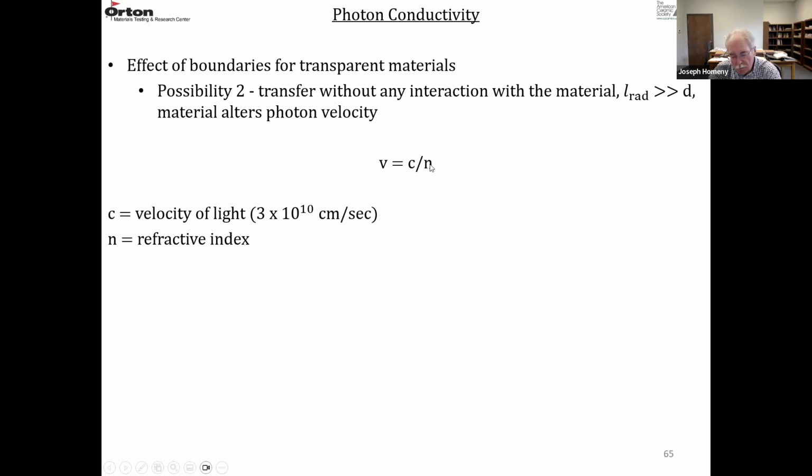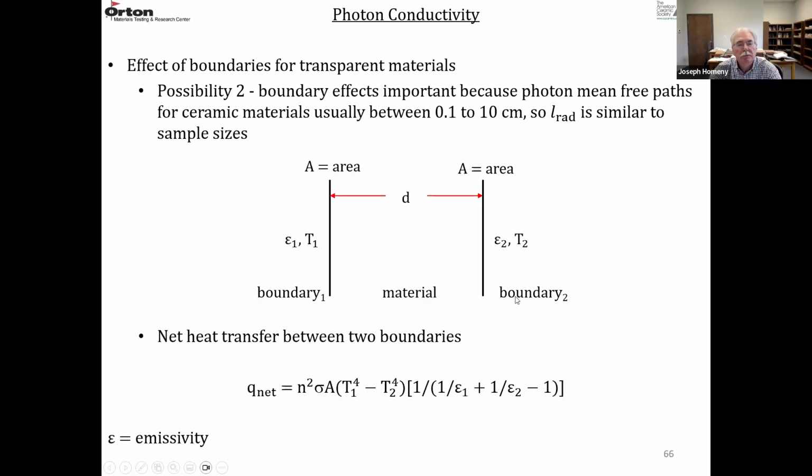N is going to be a number greater than 1, so it's going to lower the velocity. Boundary effects are important because the photon mean free paths for ceramic materials are usually between 0.1 and 10 centimeters, so the mean free path is similar to the sample sizes.